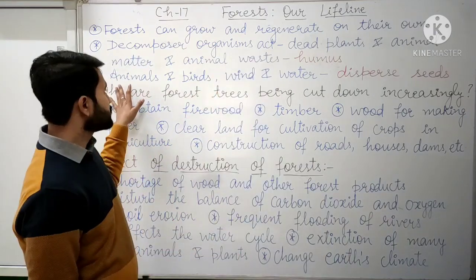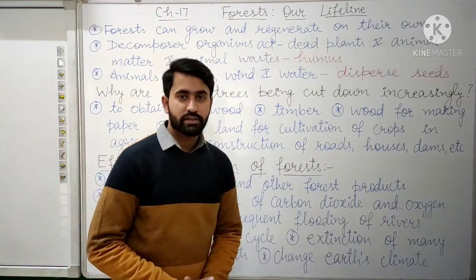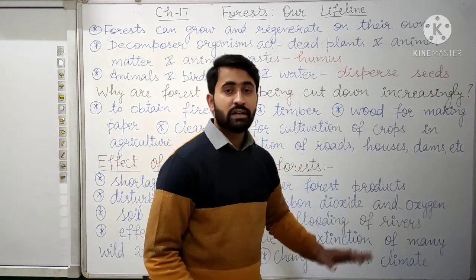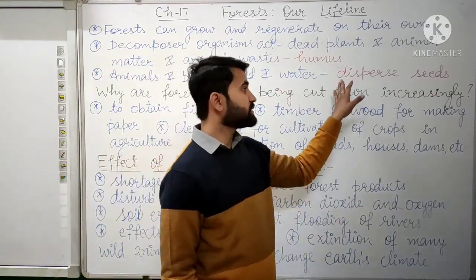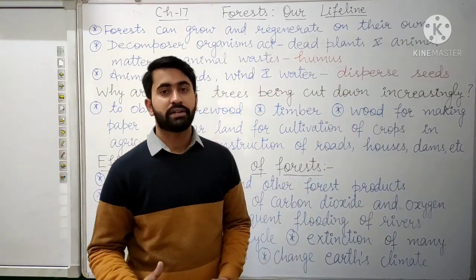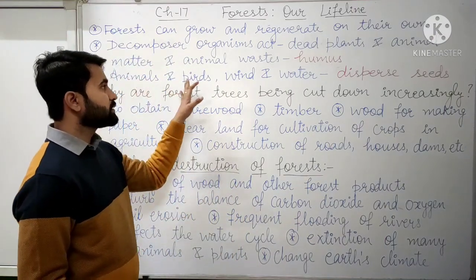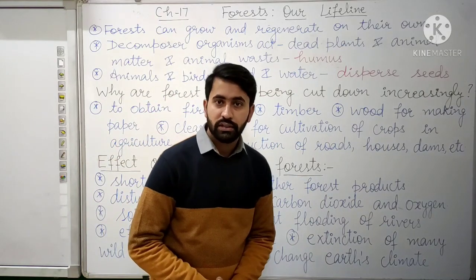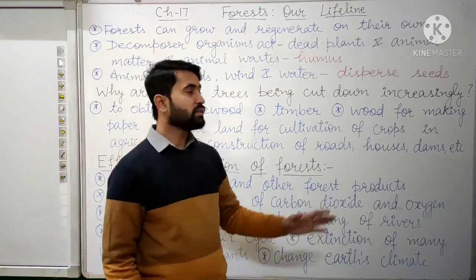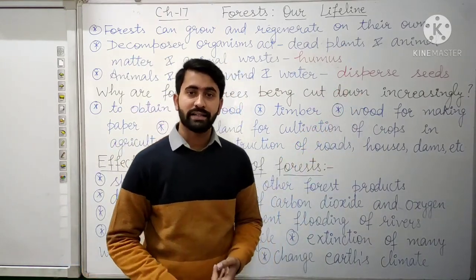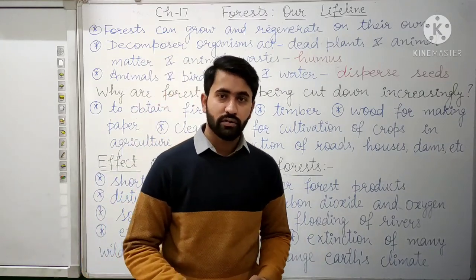The animals and birds of the forest, wind and water, all disperse the seeds of the plants and trees in the forest. So animals, birds, wind and water help in the dispersal of seeds of the plants and trees that are in the forest.